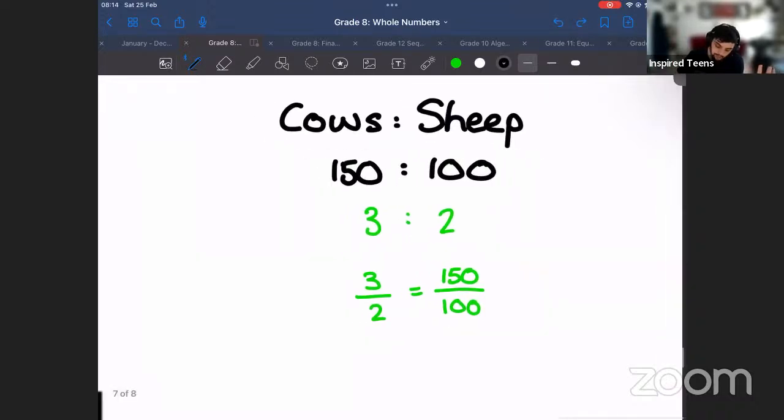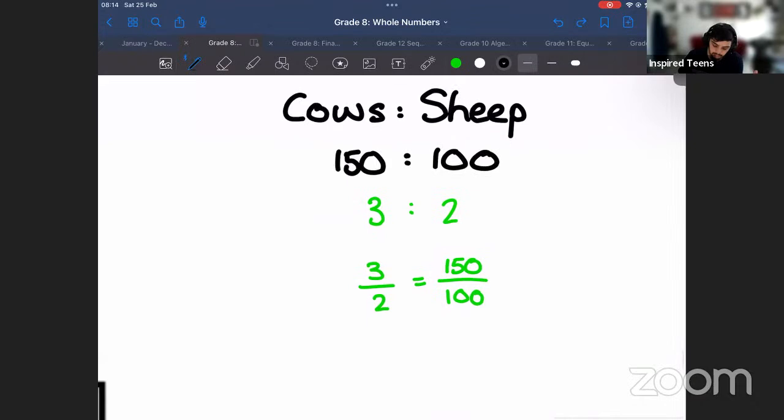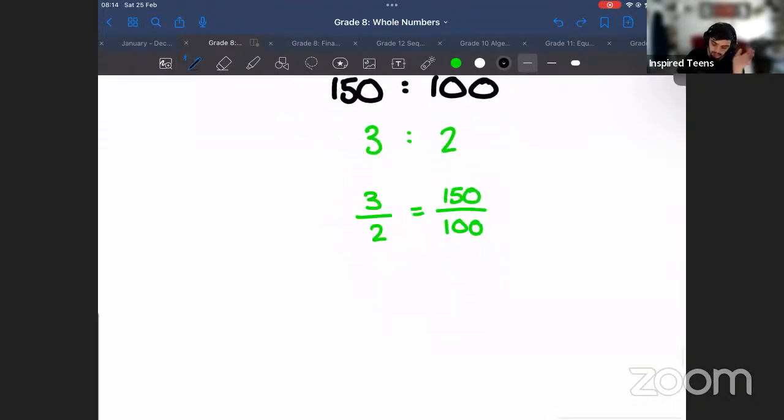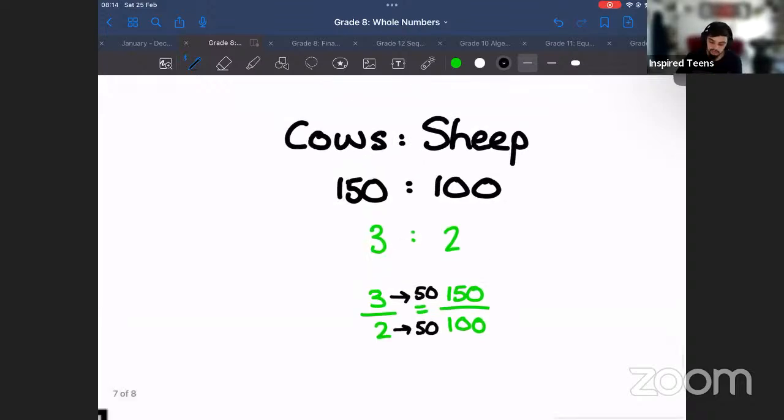And remember, when I have the information that the simplest ratio is 3/2, in that case, when I look at the actual amount, I will see that they maintain the same ratio. To go from 3 to 150, it was multiplied by 50. To go from 2 to 100, it was multiplied by 50. Similarly, we divided by 50 to simplify.